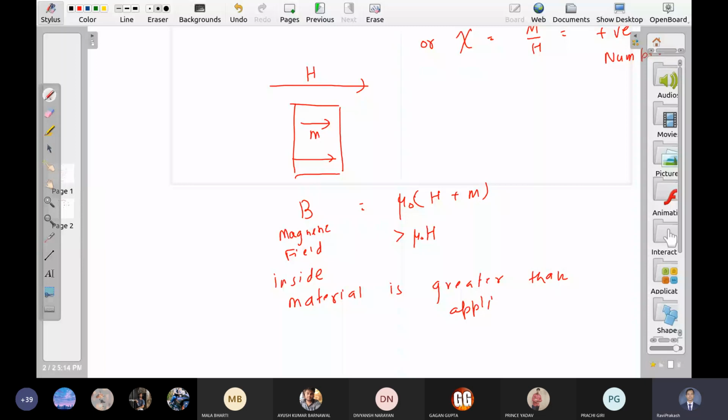Now, why do we have such behavior for paramagnetic substances? It is not like diamagnetic. In fact, we have opposite behavior there. So this is due to spinning of electron.